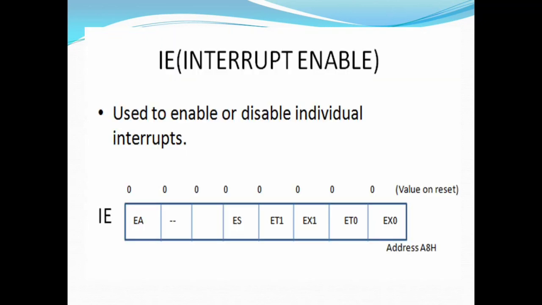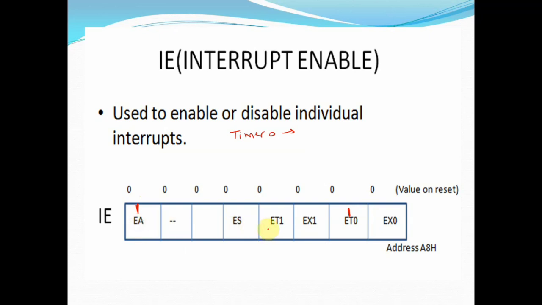Now this is the format of the IE register, that is the interrupt enable register. As we are discussing timer interrupts, we'll see the format for timer 0 and timer 1 interrupts. If I am using a timer 0 interrupt, then I am going to make this bit equal to 1, and along with this I am also going to make the EA bit equal to 1, because EA is nothing but a global enable bit.